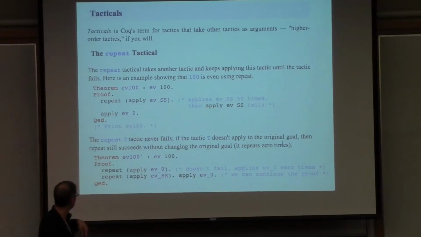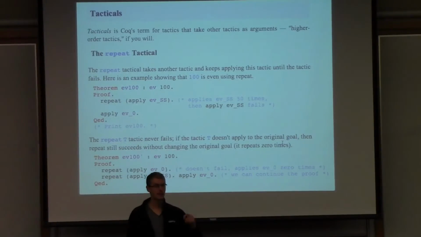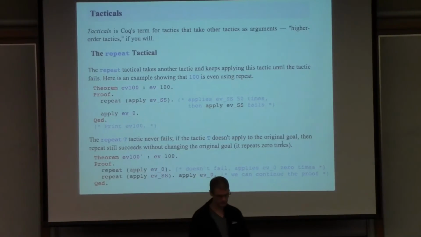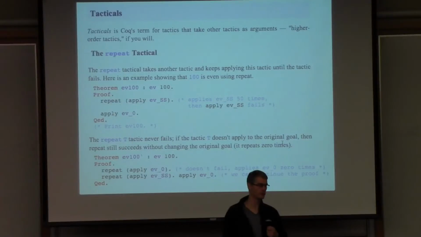Okay, so repeat of some tactic will keep applying that tactic until it fails. And it will give you back the goal state, the final goal state, the last time just before it failed.